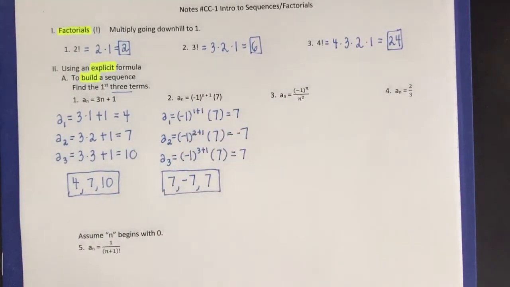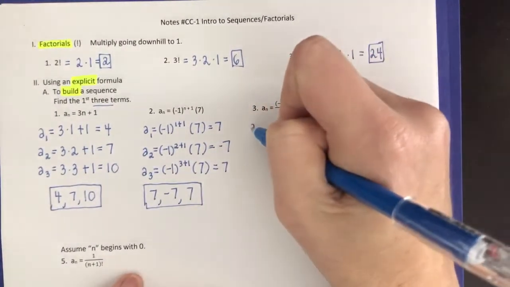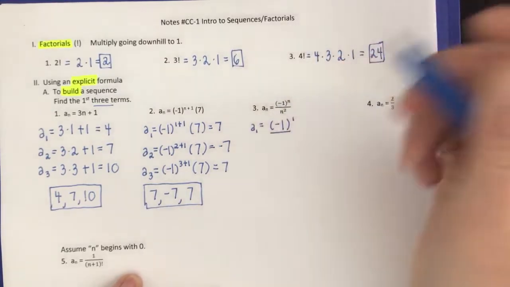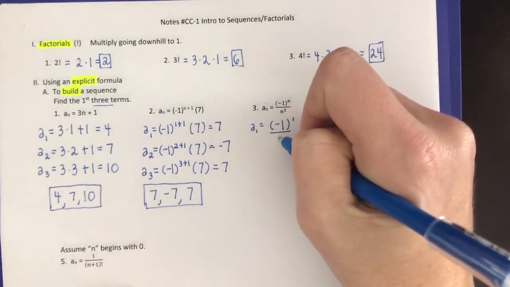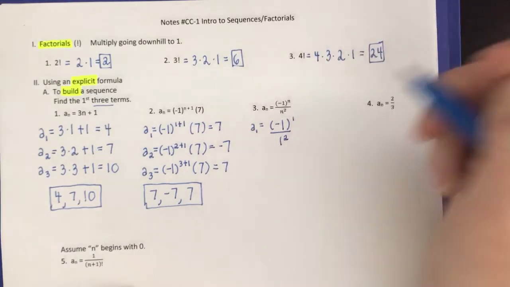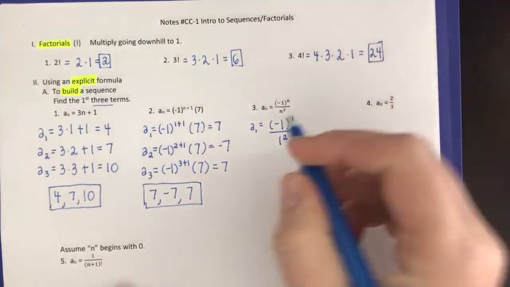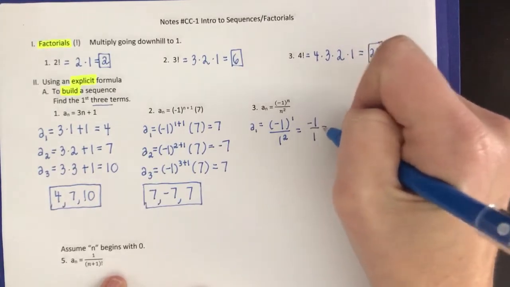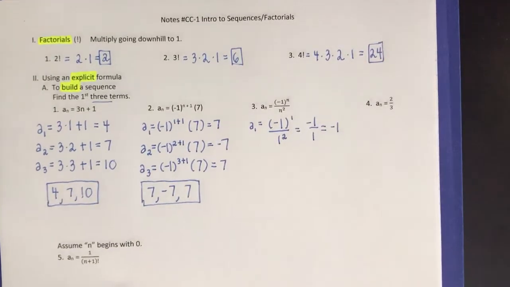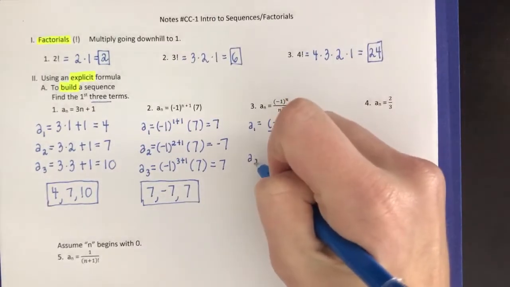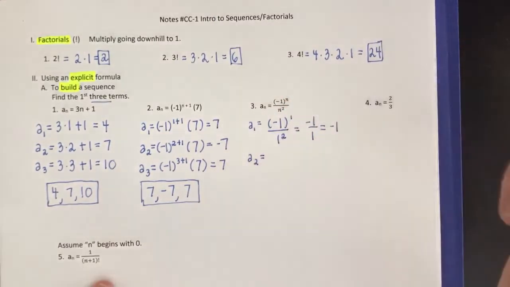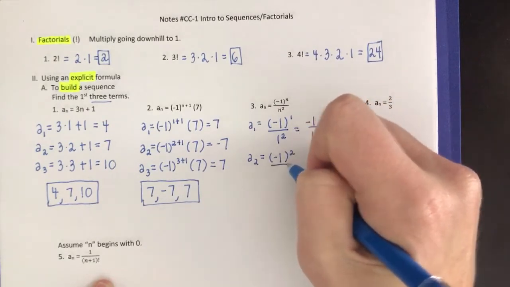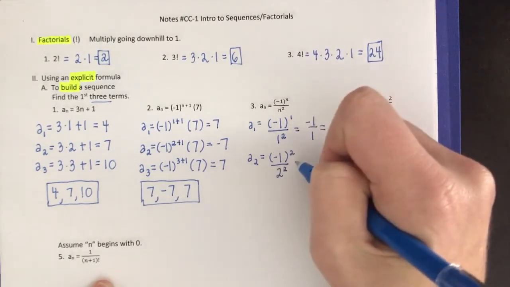All right, moving right along to the next one. So a sub 1 equals negative 1 to the first over 1 squared. Okay, so this is going to equal negative 1 over 1, which is negative 1. Okay, and then a sub 2 is going to be negative 1 squared over 2 squared.